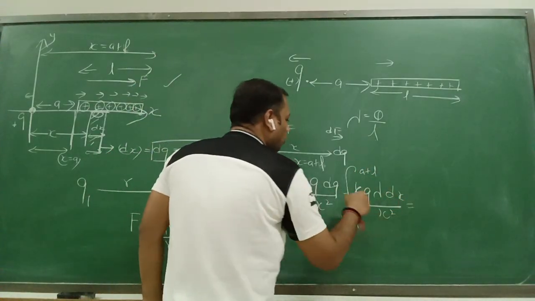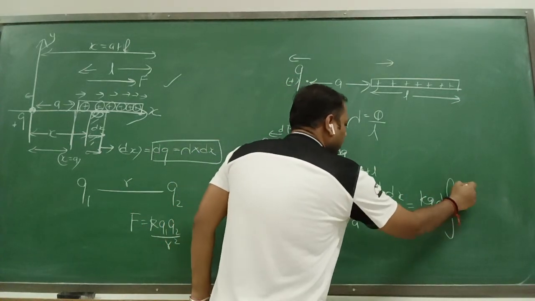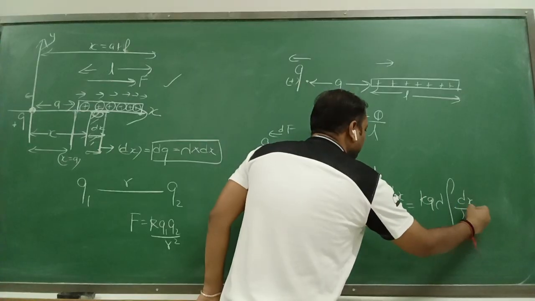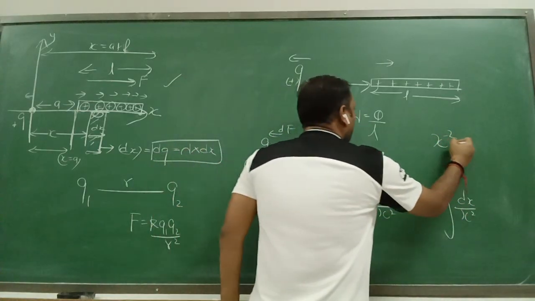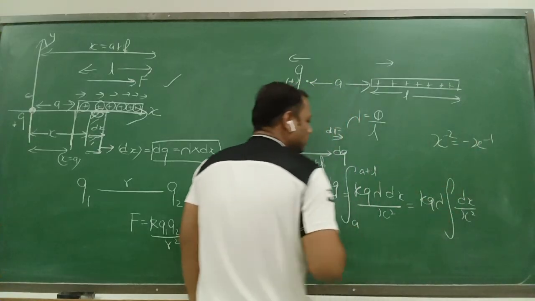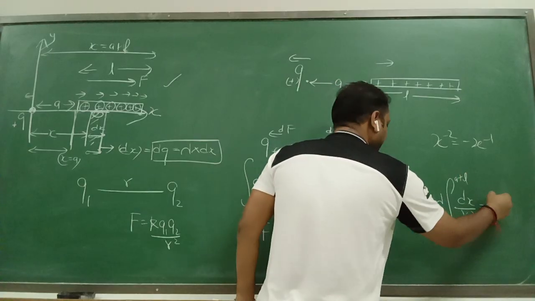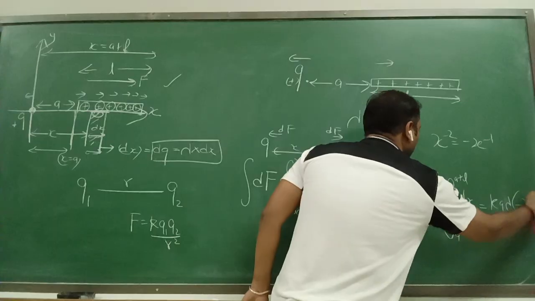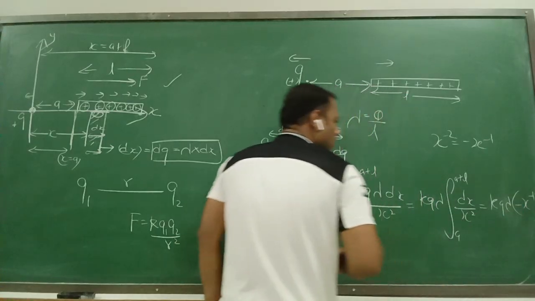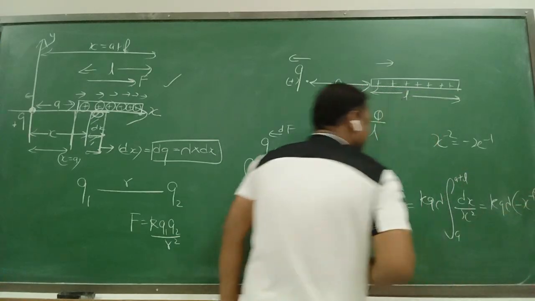We can take out kQ lambda outside and we can do the integration of 1 by x square. Integration of x to the power minus 2 is minus x to the power minus 1. So we can write kQ lambda times minus x to the power minus 1. This is our integration value, and the limit is a to a plus l.